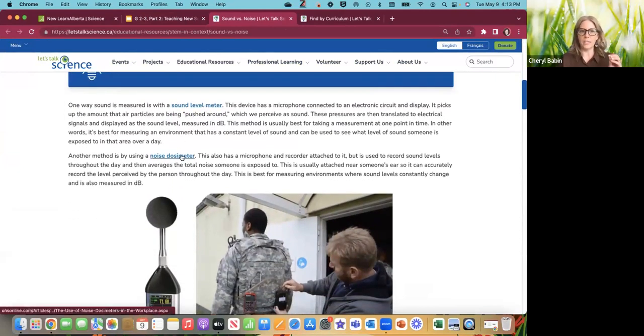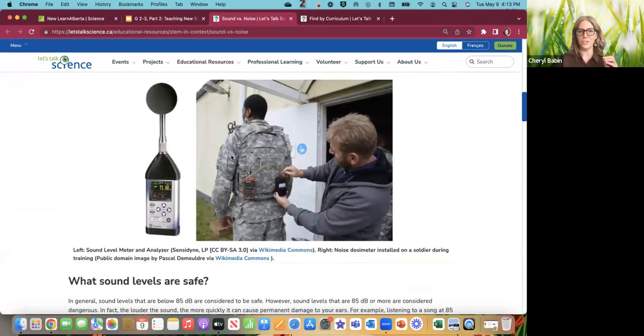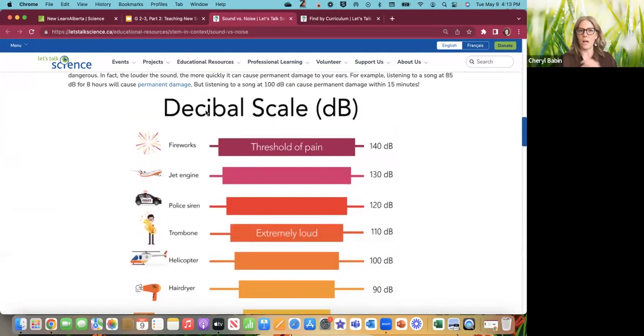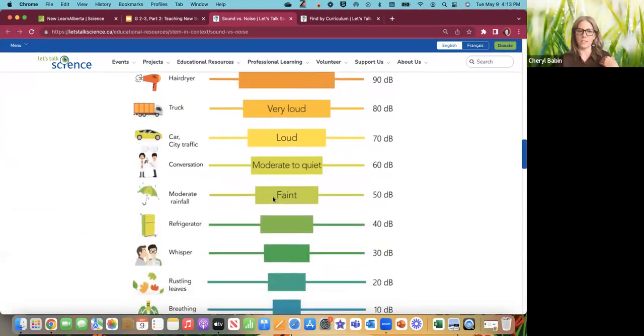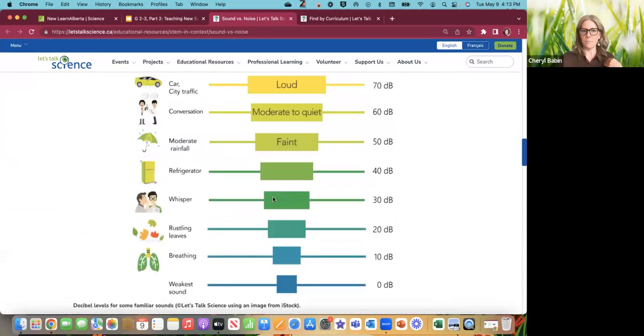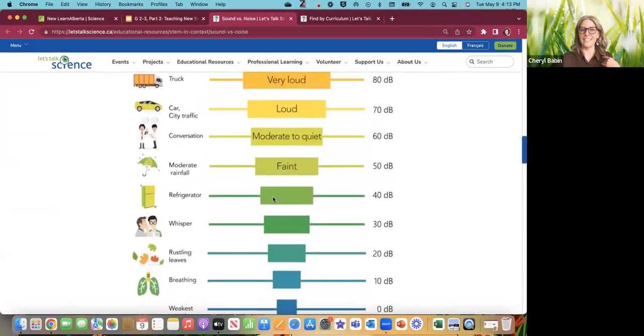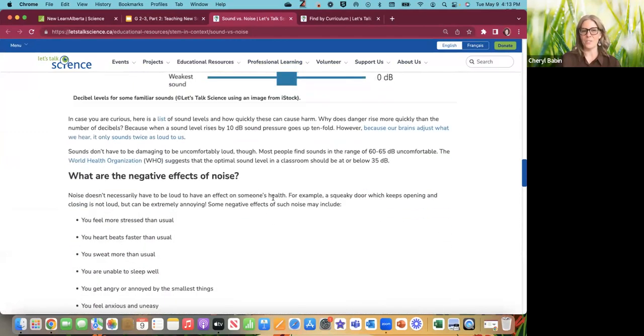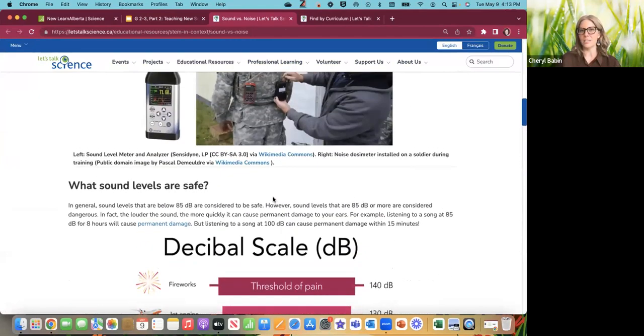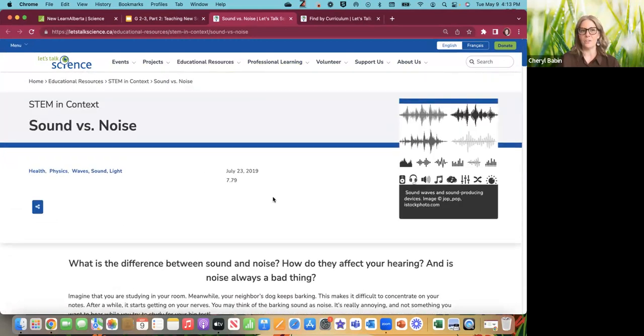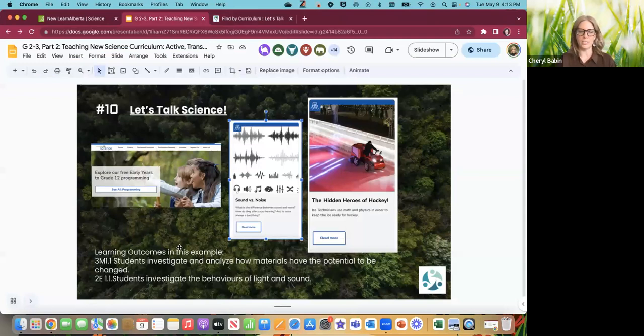It hyperlinks to different resources that you can use, and it gives you some ideas of like decibel scale and where different things are. You could actually use this to monitor your classroom noise at times, right? So it gives you a bit of background information as well as student materials that you may like to check out. And that one corresponds with students investigating the behaviors of light and sound.